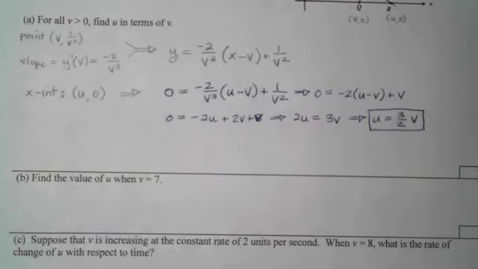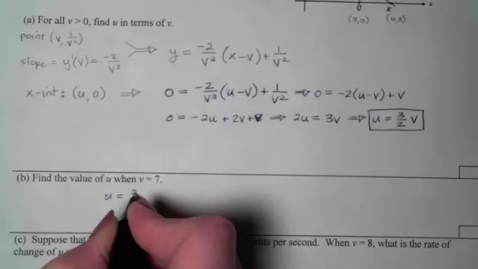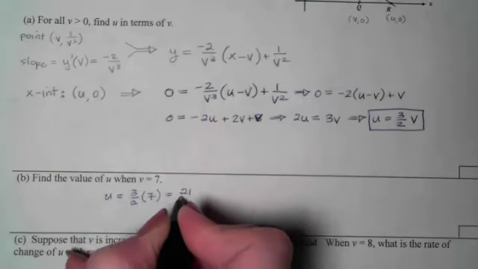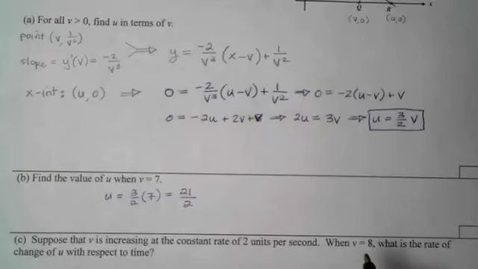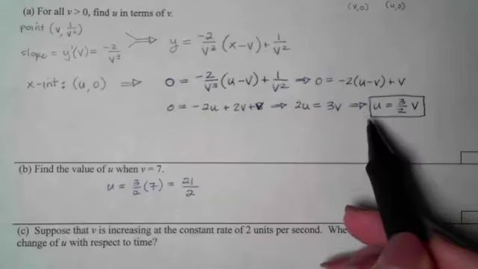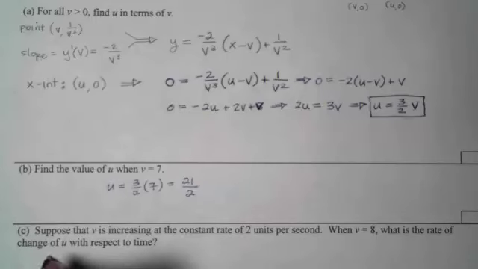Part B says I want to figure out what u is when v is 7. I just plug in 7 and I'll get u equals 3/2 times 7, which is 21/2. Part C says, now we've got v increasing at a constant rate, and I want to know the rate of change of u with respect to time. So I will take this relationship between u and v and differentiate it with respect to time.